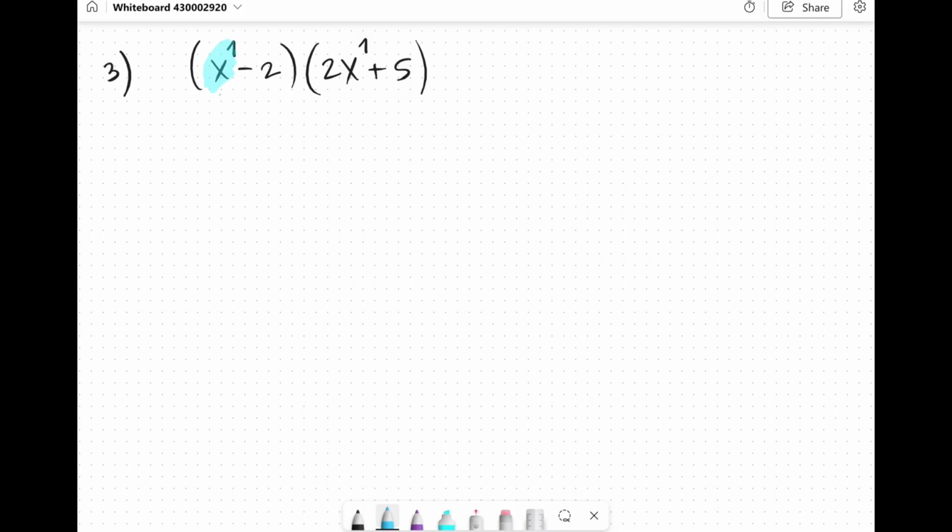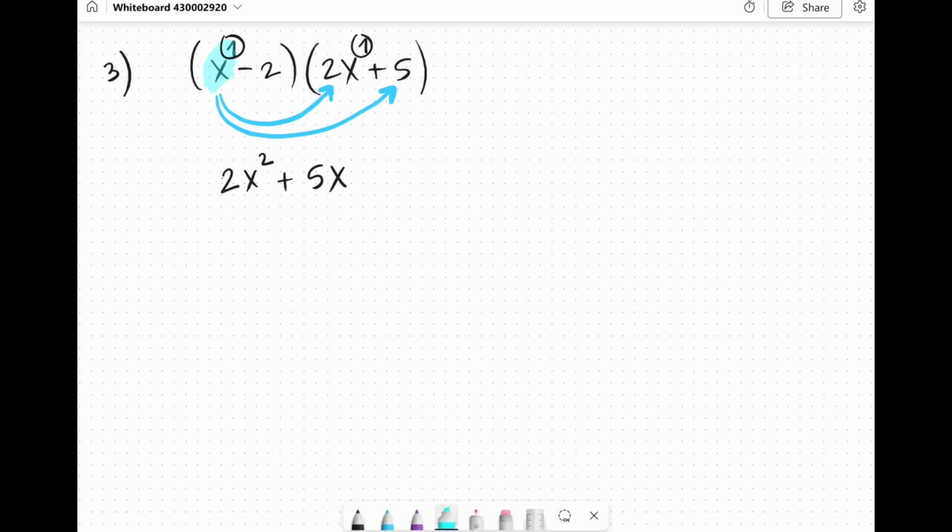So I'll take x to the power of 1 and multiply it by this 2x to the power of 1, which will make 2x to the power of 2, since you're adding these exponents. And then I will also multiply this x to the power of 1 by this positive 5, which will make a positive 5x. Essentially to the power of 1, you don't have to write it here.